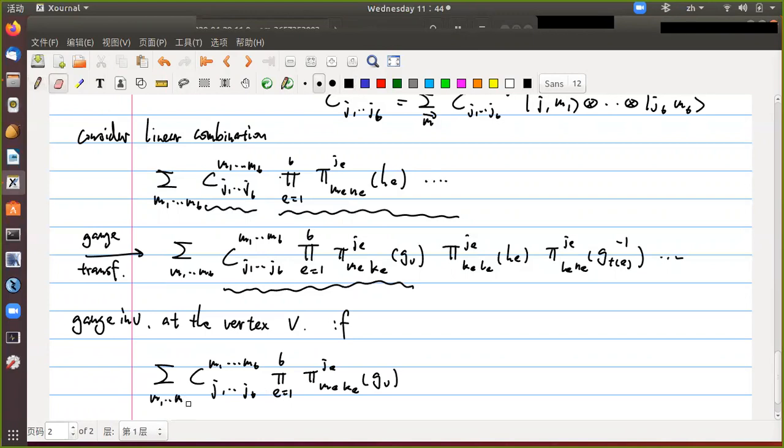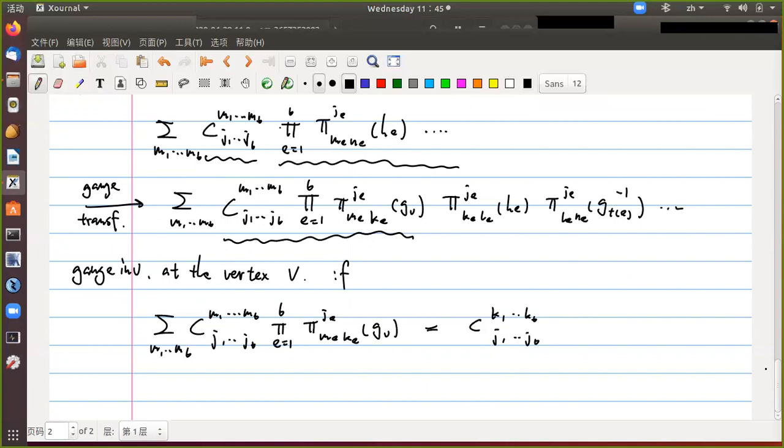You can view this as an operation on this tensor C. Suppose this operation leaves this tensor invariant, with indices k1 to k6 and j1 to j6.